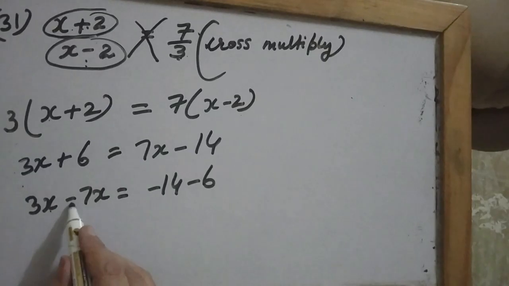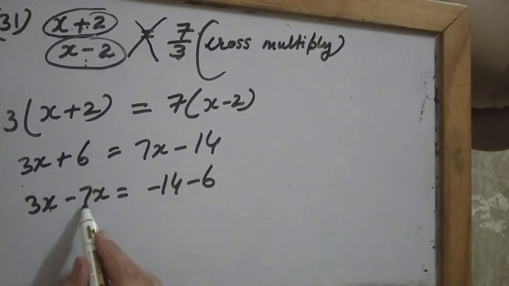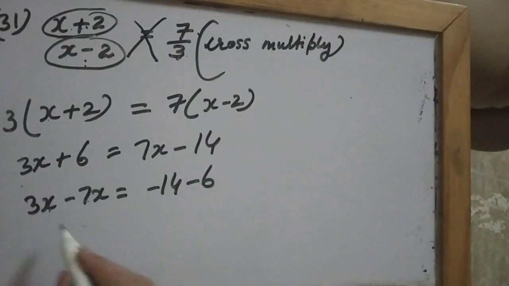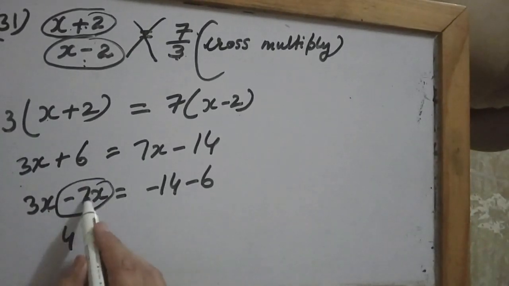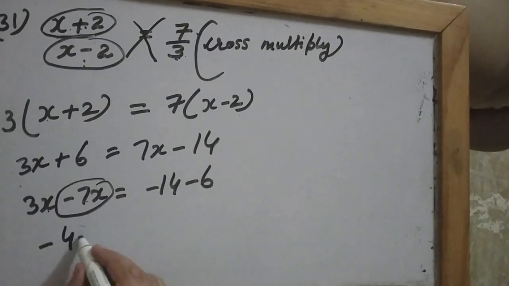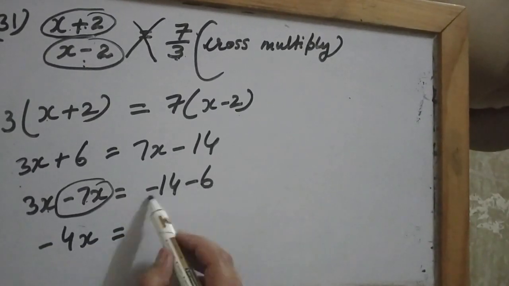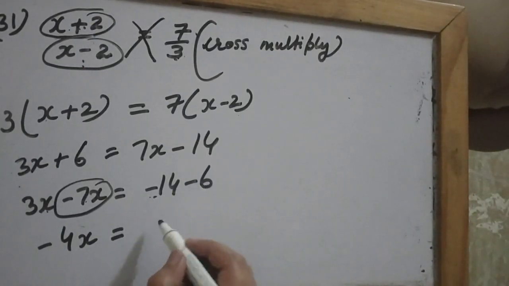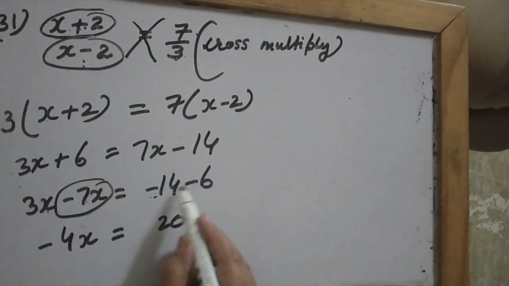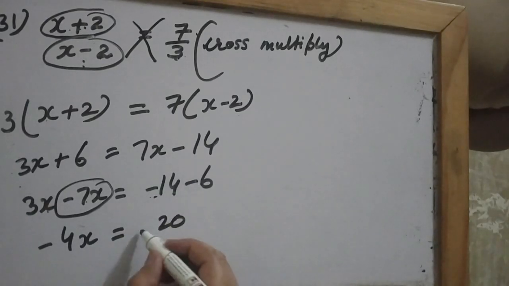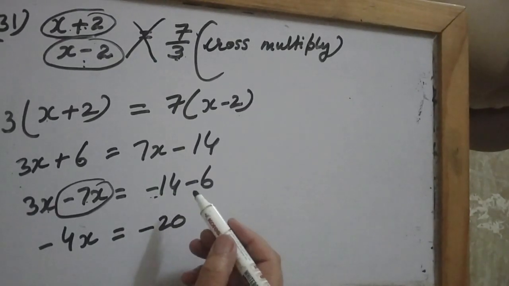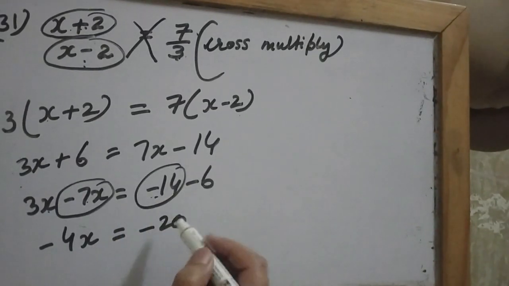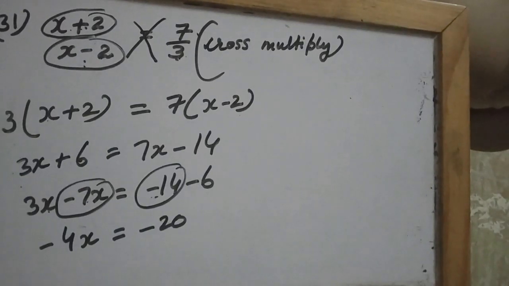Now 3x minus 7x: one is positive, one is negative, so we have to subtract. 7 minus 3 is 4, and the bigger number is 7 and its sign is negative, so minus 4x. And both of them have the same sign, so I have to add them: 14 and 6 is 20, and the bigger number is negative, so my answer also is negative.